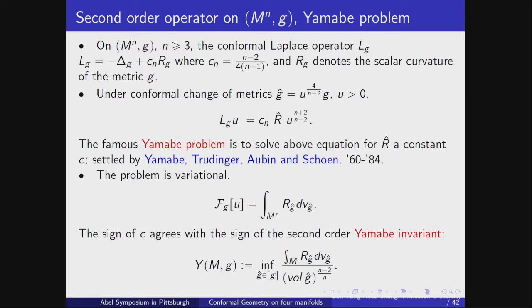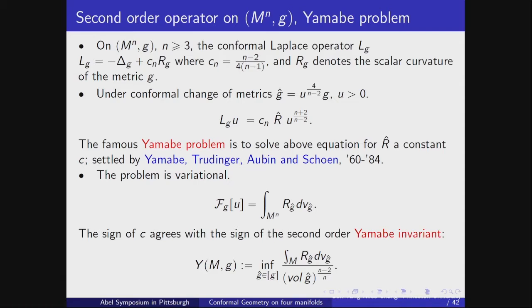Okay, and then a partial attempt to generalize this two-dimensional work to high dimension is to study other second-order elliptic operators. One attempt is to study the conformal Laplace operator, L, which is equal to minus Laplace, like in two dimensions.